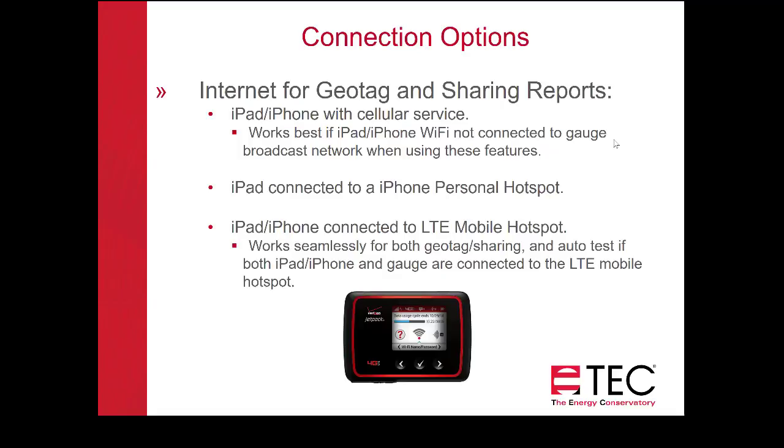This works seamlessly and allows you to do geotagging, sharing, and the auto test if the iPad, iPhone, and gauge are all connected to this hotspot. Then that allows you to have that one connection from beginning to end of the process, and it will work more seamlessly.